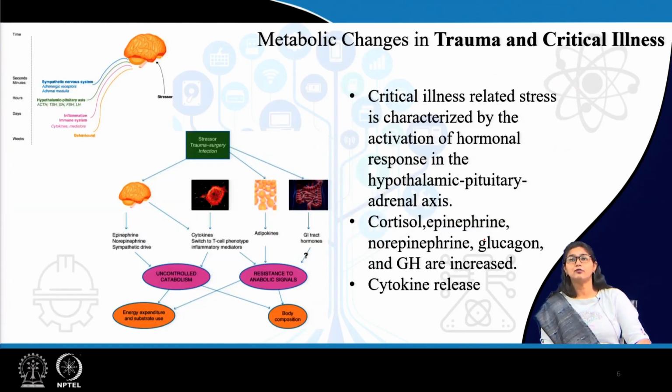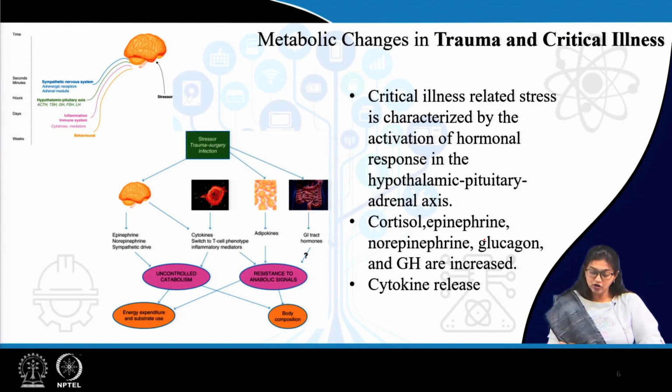Then we are moving on to metabolic changes in trauma or critical illness, where the stress level is very high. The majority of the manifestations in trauma and critical illness are based on the release of stress hormones, because there is stress hormone release from the hypothalamo-pituitary-adrenal axis. What are the stress hormones? Cortisol, epinephrine, norepinephrine, glucagon, growth hormone; they are also released, and in the later stages cytokines are also released from the tissues.